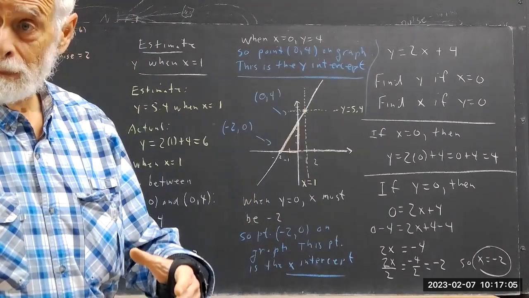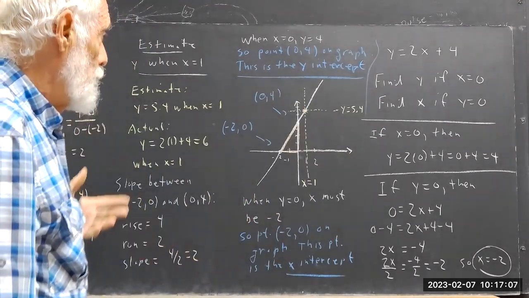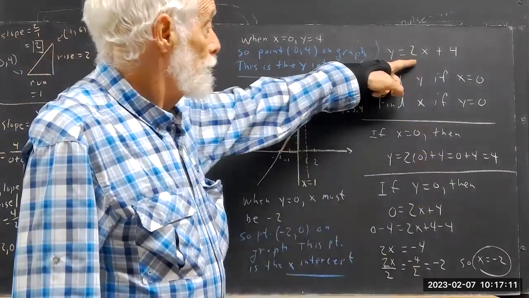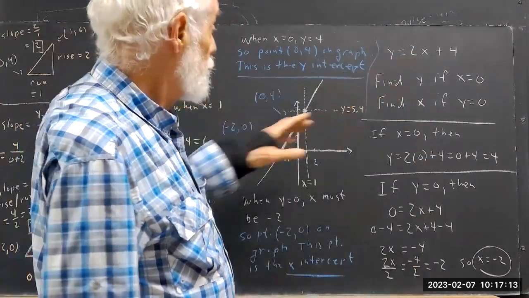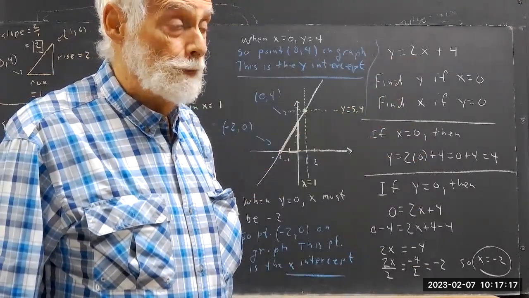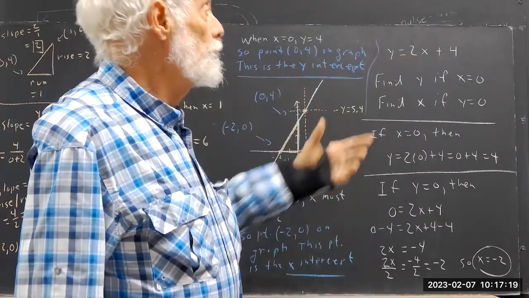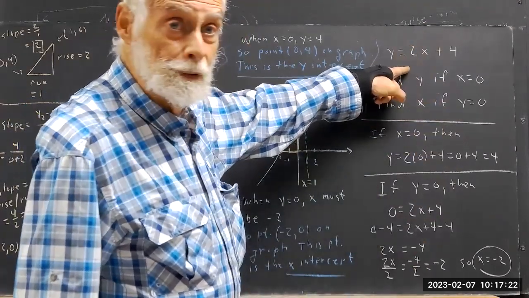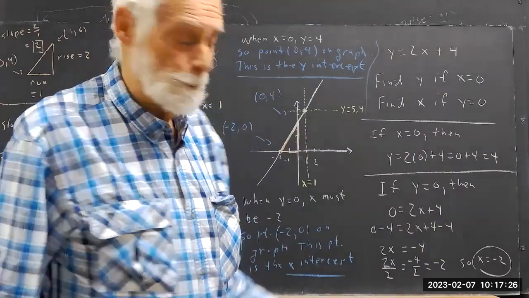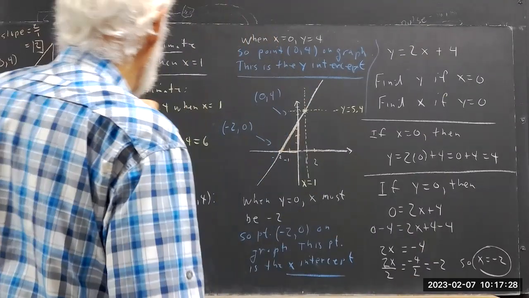There's more. If I give you any value of x, you can find a value of y, which means you can find the coordinates of a point in that graph, right? If I give you any value of y, you can solve and find x, and that gives you a point of the graph. Okay.